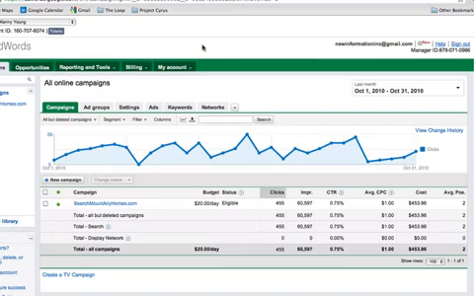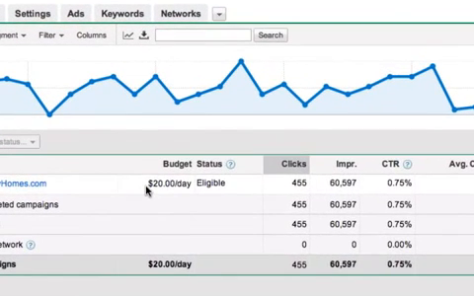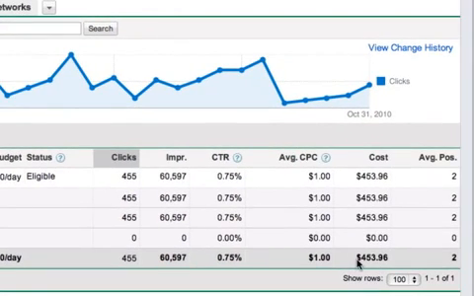So I'm going to show you a couple of accounts, and here's one that's pretty typical. Each of these that I'm going to show you is a little bit different, but here's Kenny Young. And for last month, we can see right away that Kenny has a $20 a day budget. And for that whole month, he spent $453.